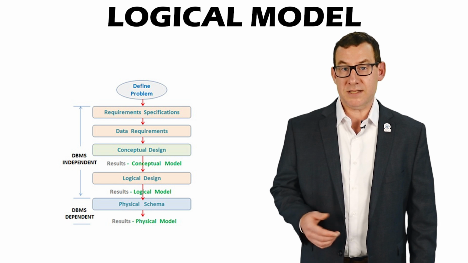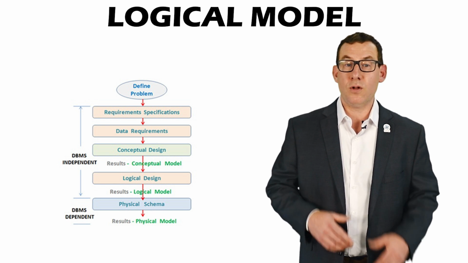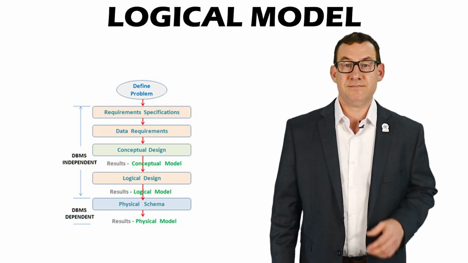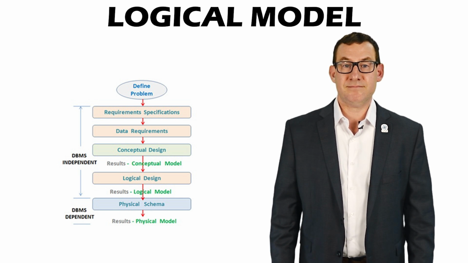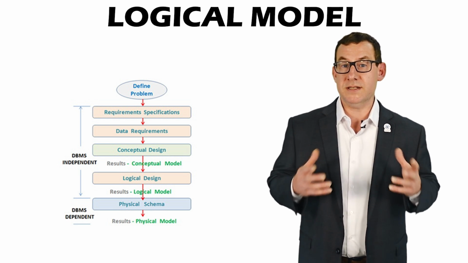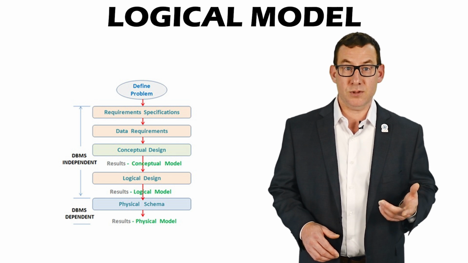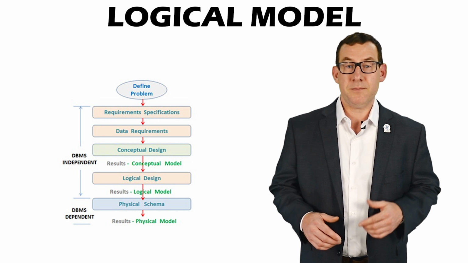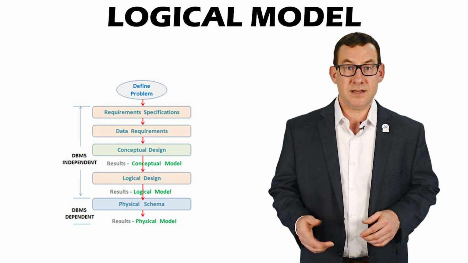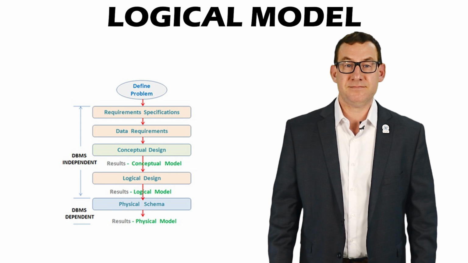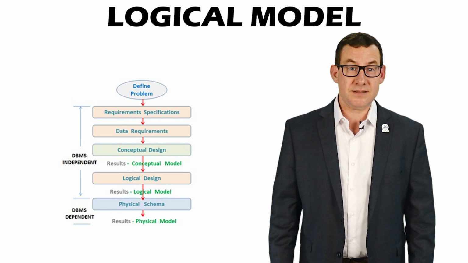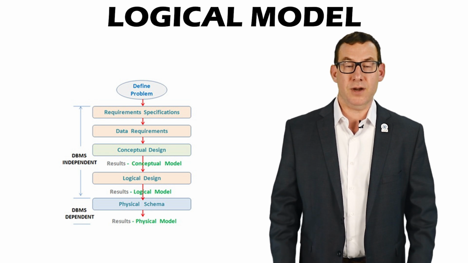A logical database model defines the database's overall organization, including tables, attributes, data types, relationships, fields, domains, and constraints. A logical database model usually consists of an entity relationship diagram.